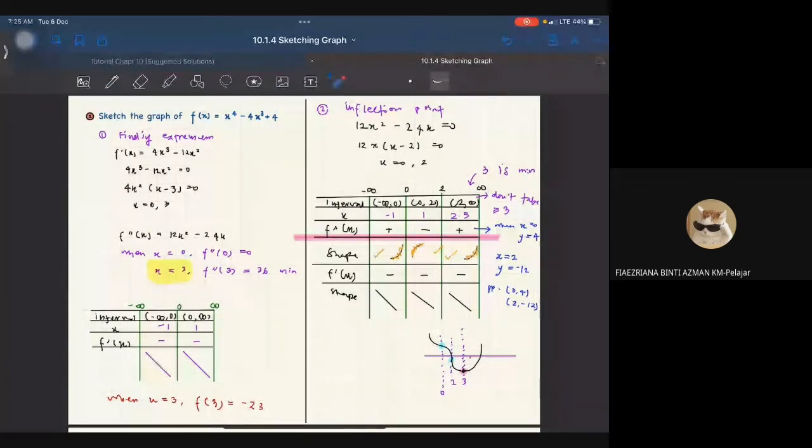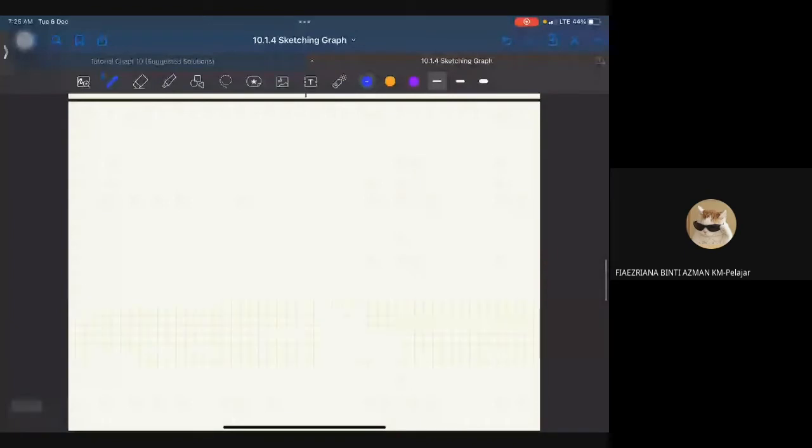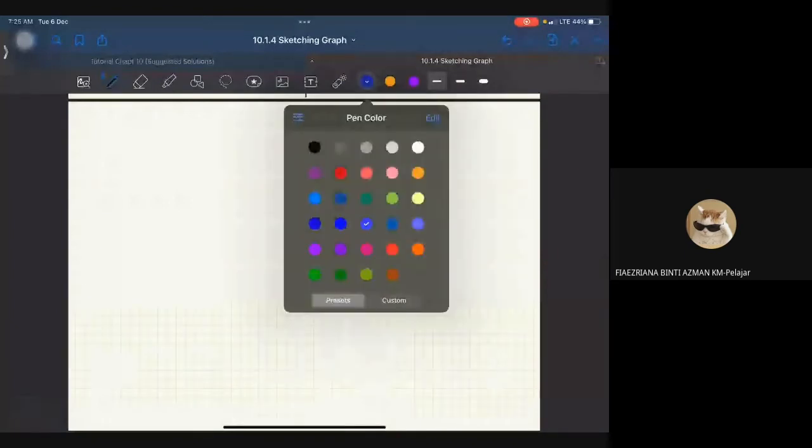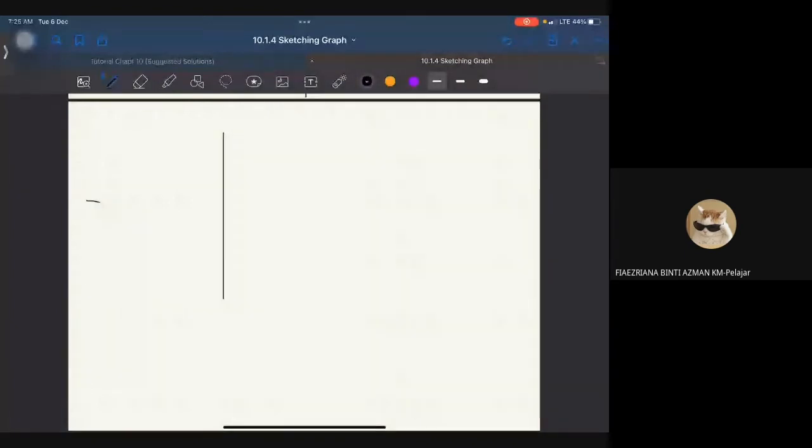Okay, so let's draw this graph properly. It looks nicer. Okay, let's go. So let's make a y-axis, x-axis.